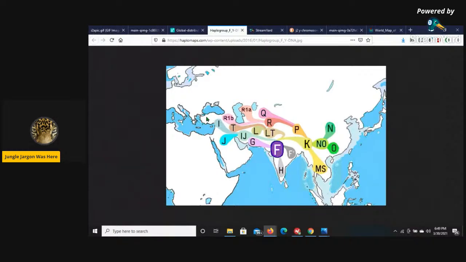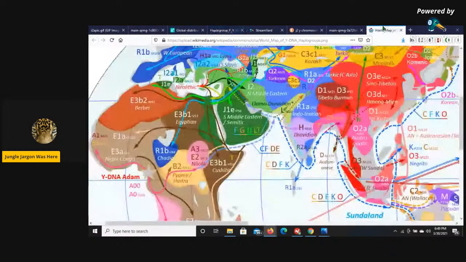The I was pushed north. The lost tribes of Israel became Scythians, which are spoken of in the Bible as well. They went all the way up into the north here, all the way up here.